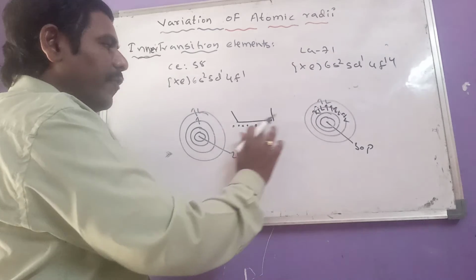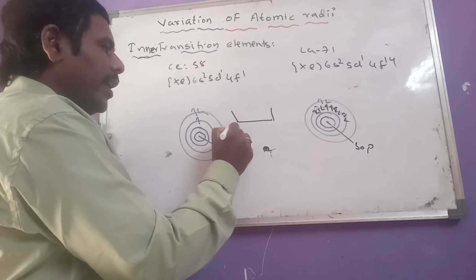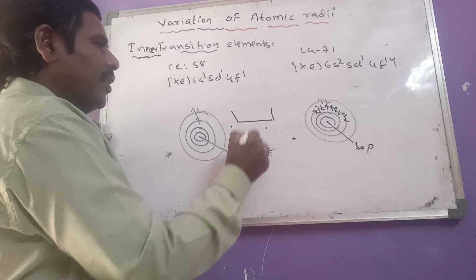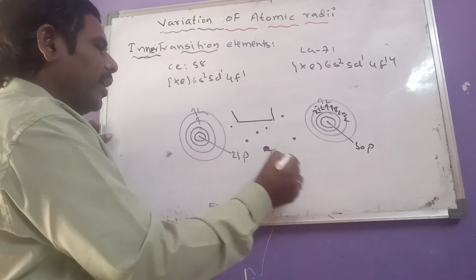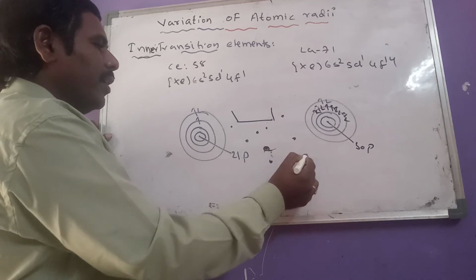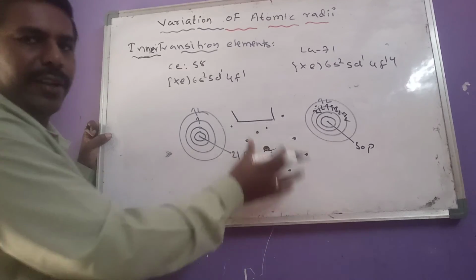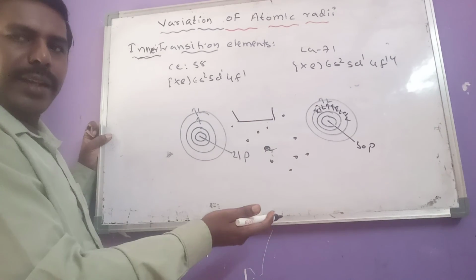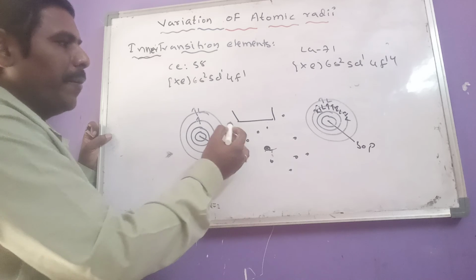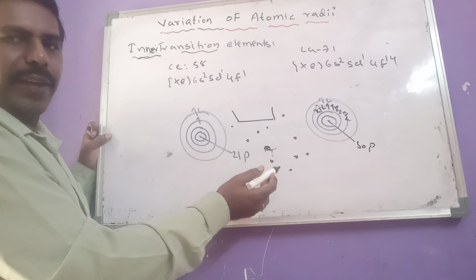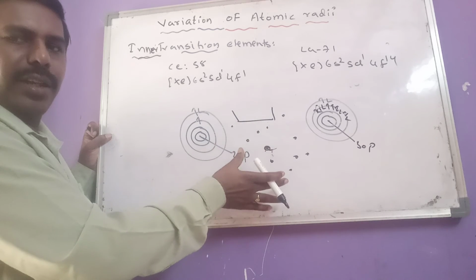Of course, in the case of the f subshell, 14 electrons are present, but those 14 electrons are present in a disordered, zigzag way. Of course 14 electrons are there, but what is the use? Because this has a poor screening effect. They do not have a regular geometry.